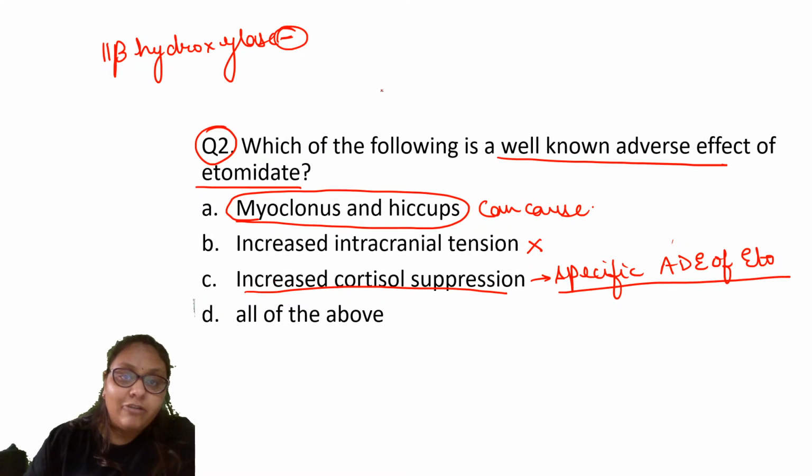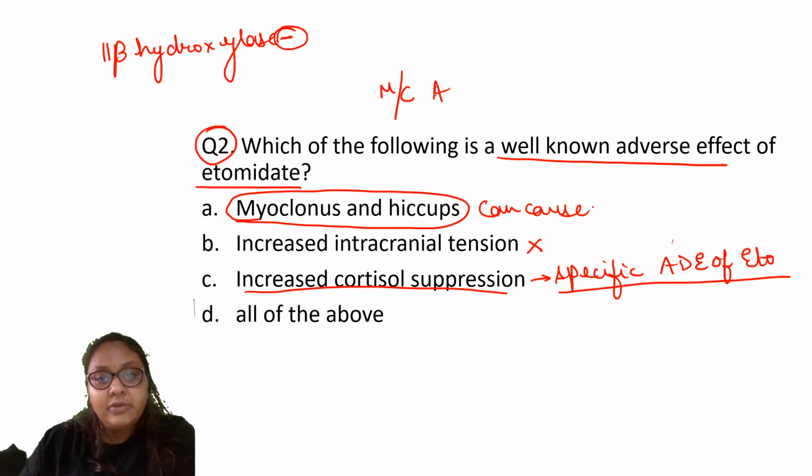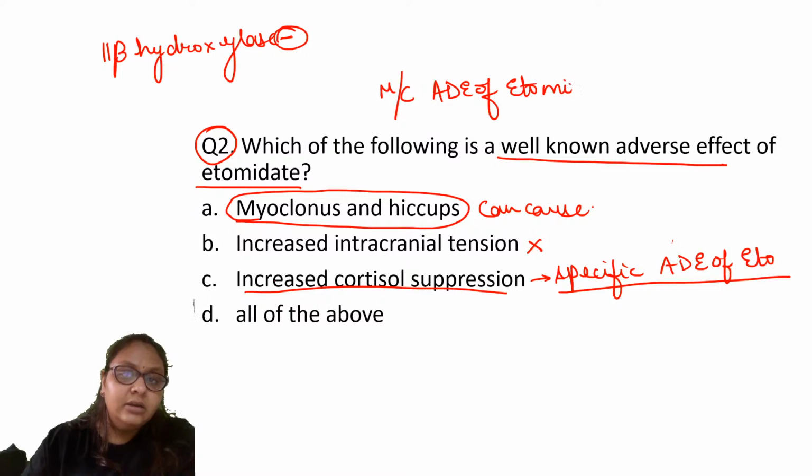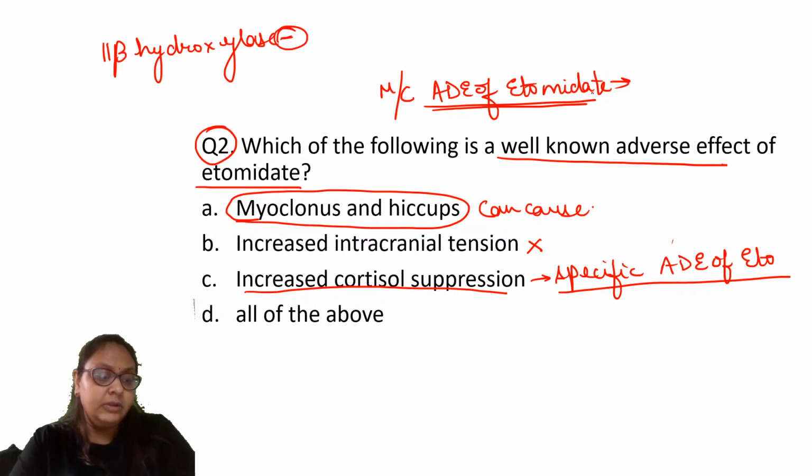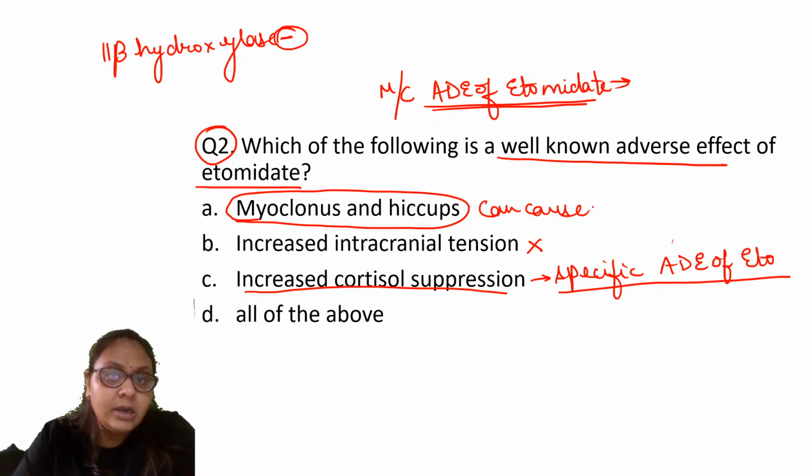If the question would have been most common adverse effect of etomidate, then what would have been the answer? What would have been the answer for most common adverse effect of etomidate, Dr. Ragul? This is the most specific adverse effect of etomidate.